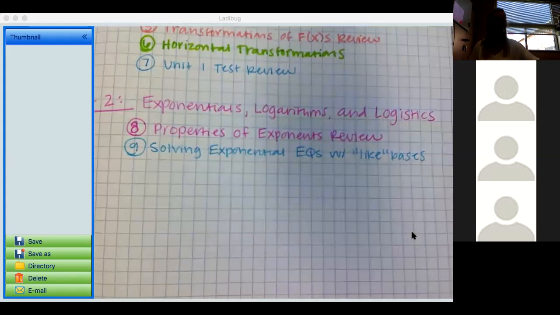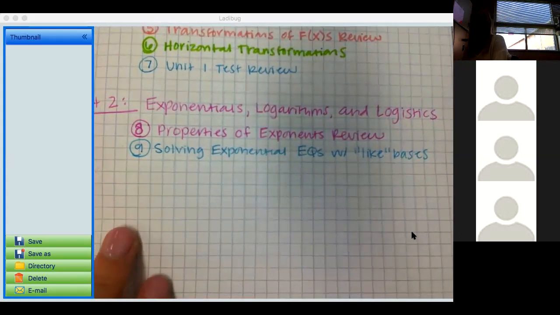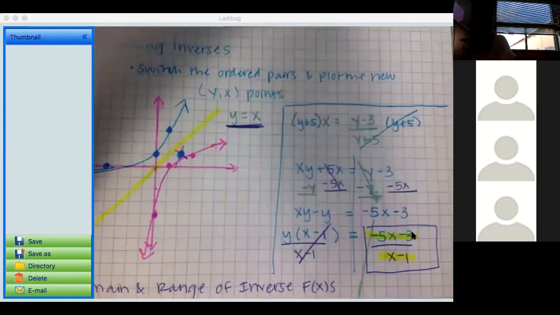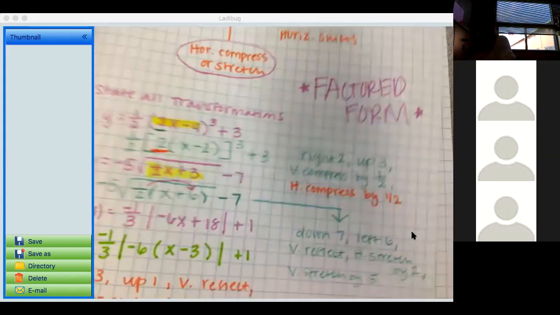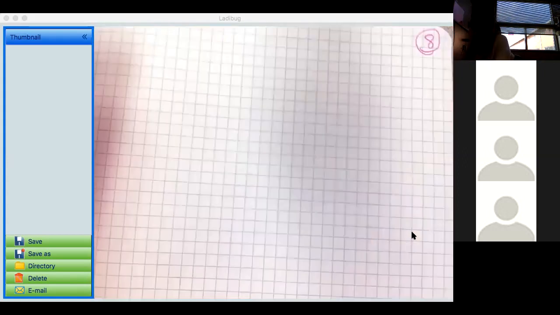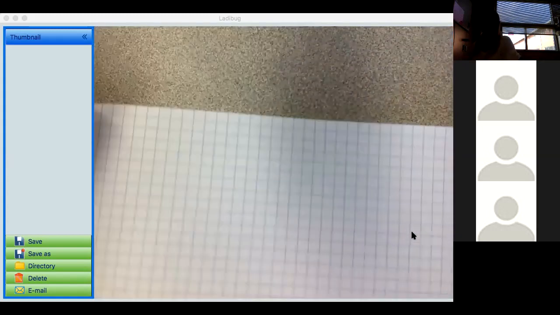I won't use the blue anymore. So I need to skip a page after my test review for that warm up.